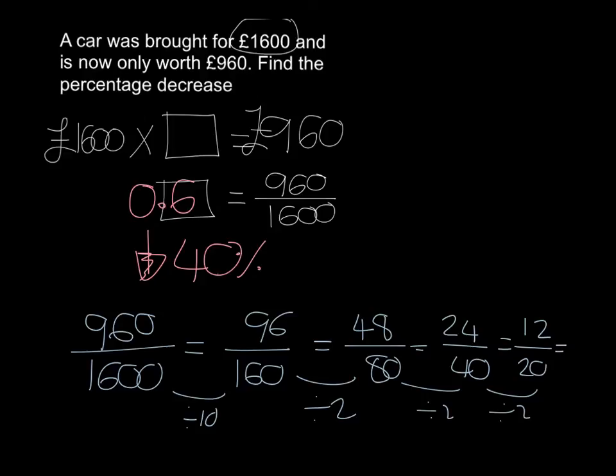It's up to you, you can take it up to 100 then, times by 5 makes it 60 out of 100, and 60 out of 100 is going to show that you have decreased by 40% also.